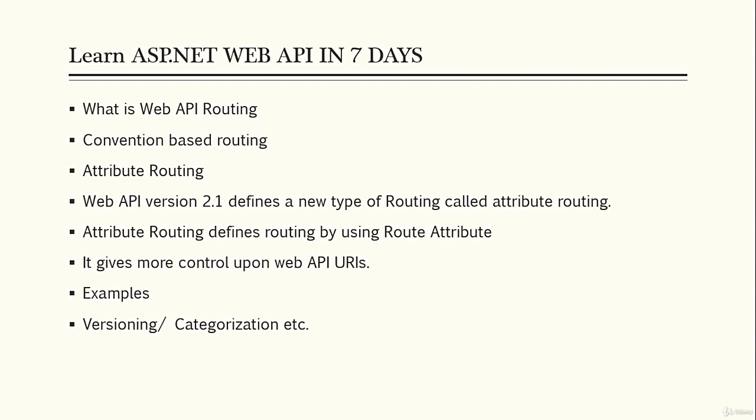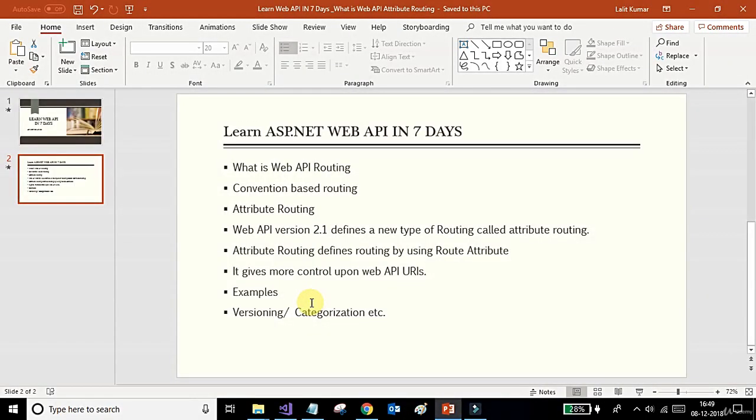So you can pass these two different parameters to get the orders from that particular vendor. So that is what attribute routing is all about.